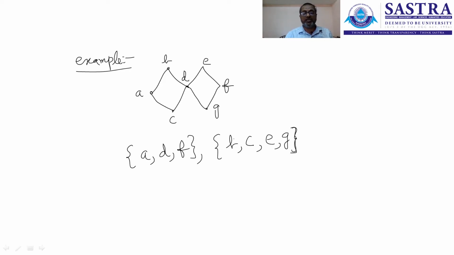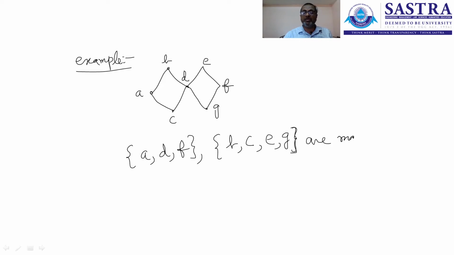When I include A, it will be adjacent to both B and C, so the condition of independence is violated. If I add D or F, it is adjacent to E and G, so it violates the condition of an independent set. So in this case, you have our maximal independent sets.